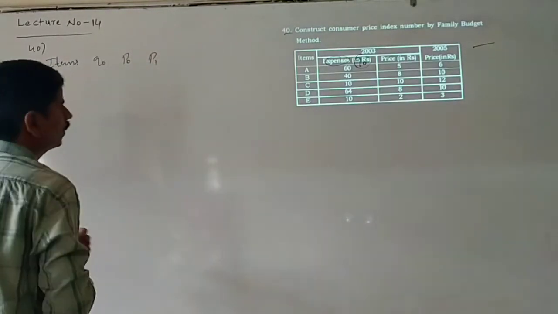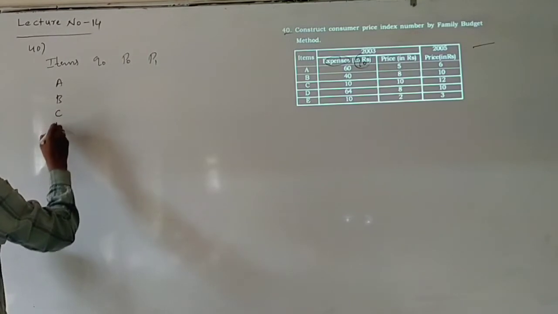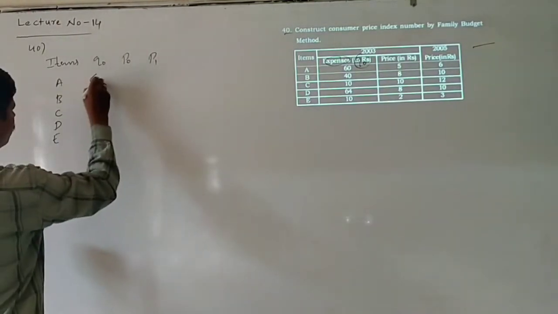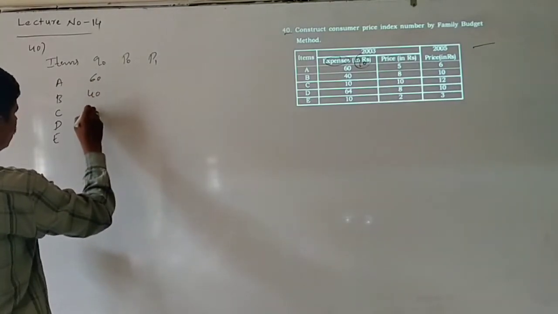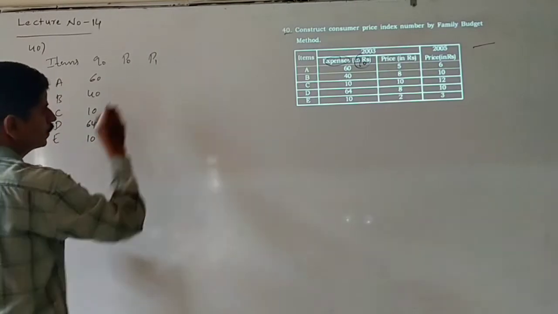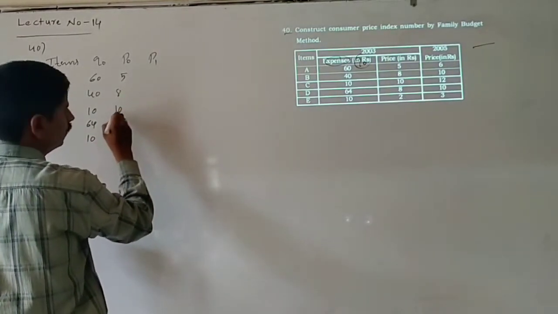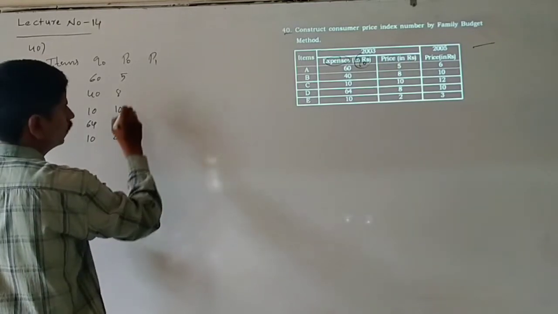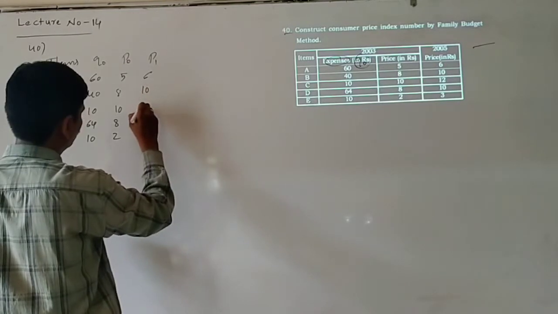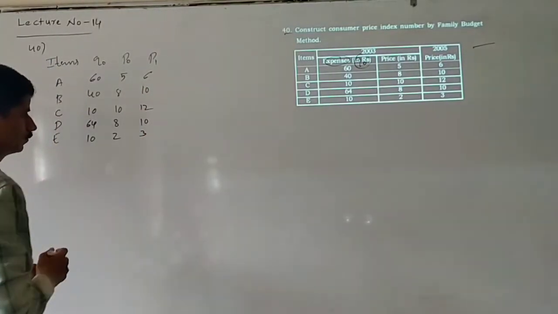First I write the items A, B, C, D and E. Here Q naught values are 16, 40, 10, 64 and 10. P naught values are 5, 8, 10, 8, 2. P1 values are 6, 10, 12, 10 and 3.